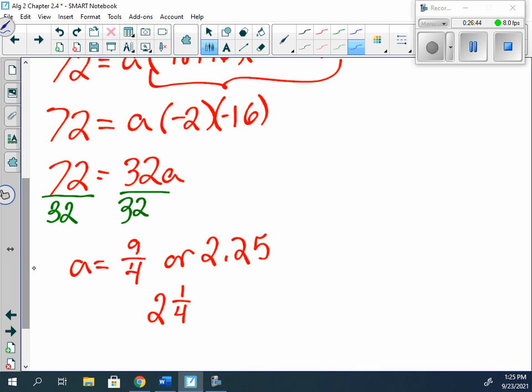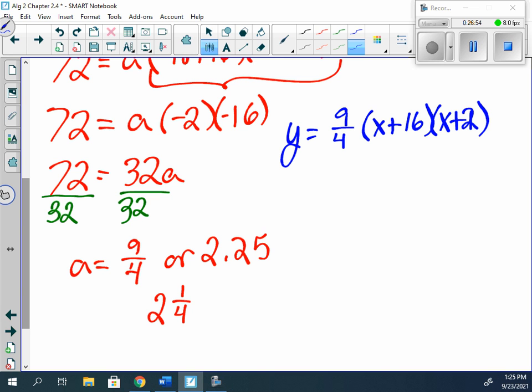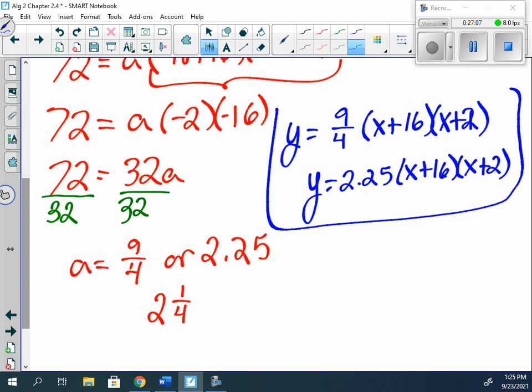Now that we have a, we can say y equals 9/4 times x plus 16 times x plus 2. Or we can say y is equal to 2.25 times x plus 16 times x plus 2.